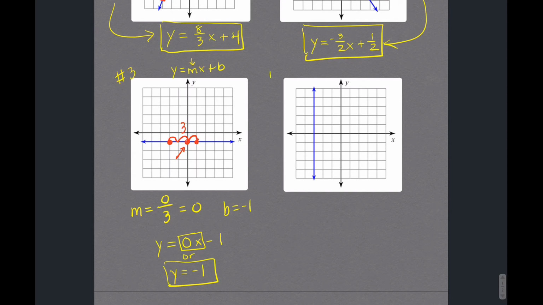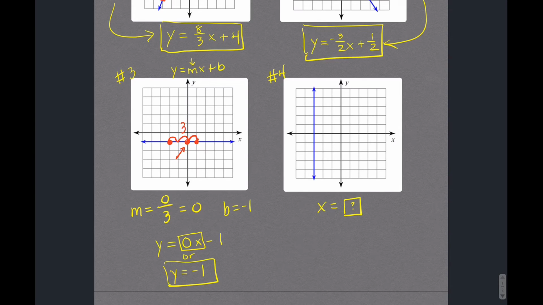Then we have example number 4. This is definitely different than the other ones. Typically, we would start by writing y equals mx plus b because we expect it to primarily be in slope-intercept form. Unfortunately, in the case of a vertical line, the equation is actually written x equals some value.